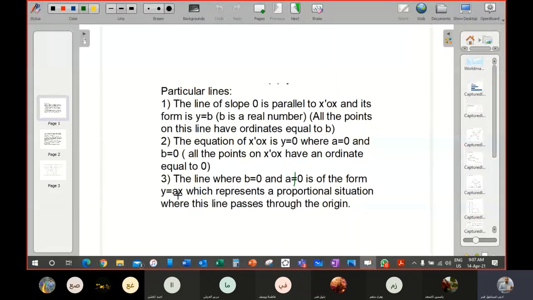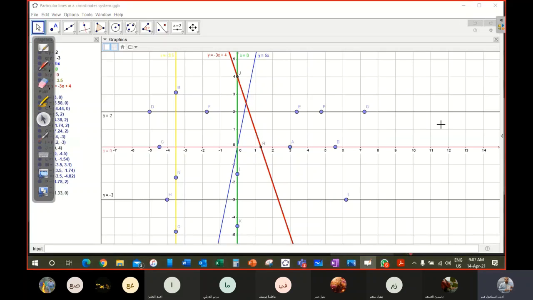This line represents a proportional situation where the line passes through the origin, like Ohm's law in physics, where the voltage and the current are proportional across a resistor. Here y and x are proportional, where a is the constant of proportionality, which here we call the slope.